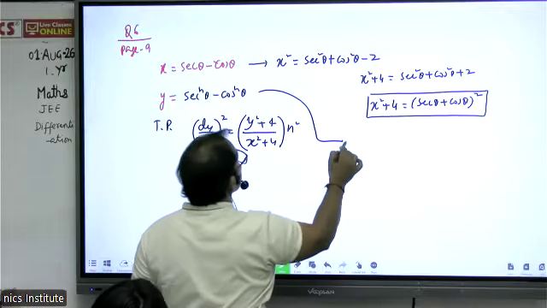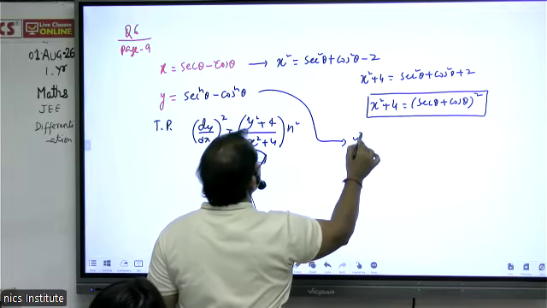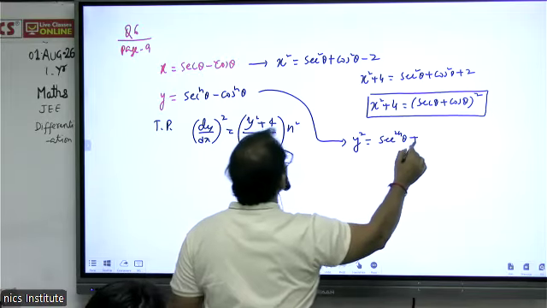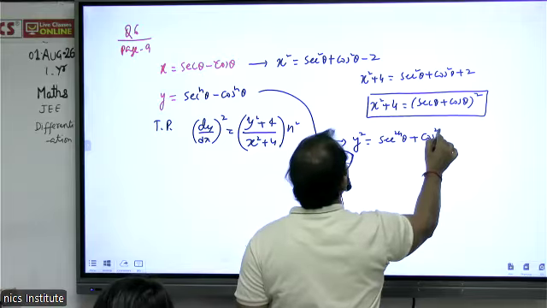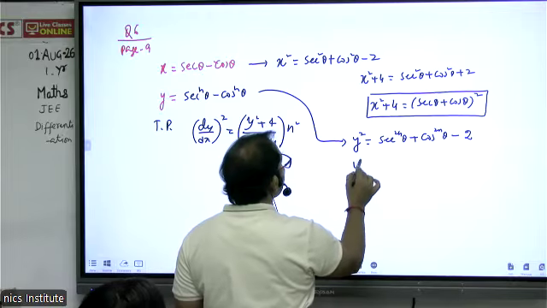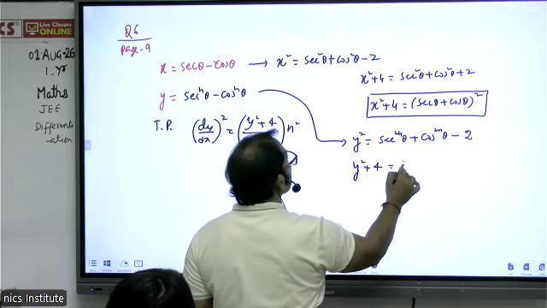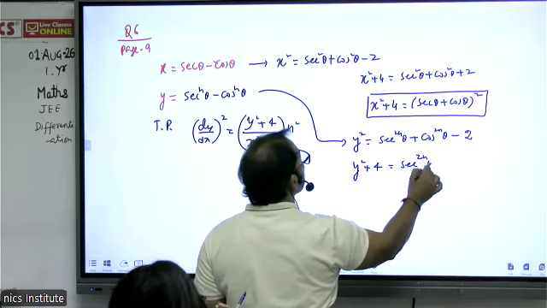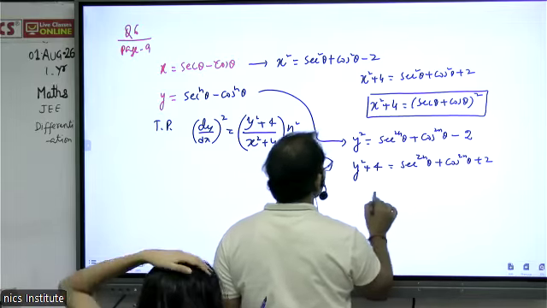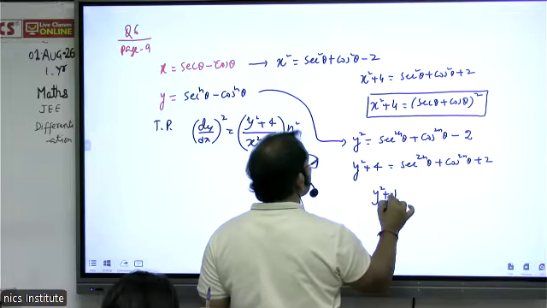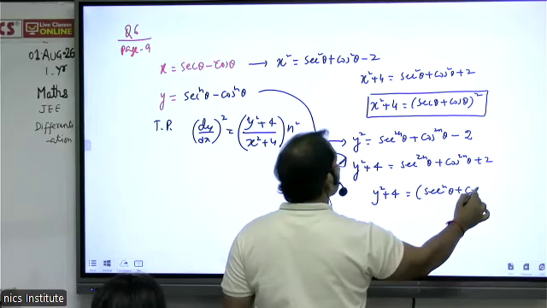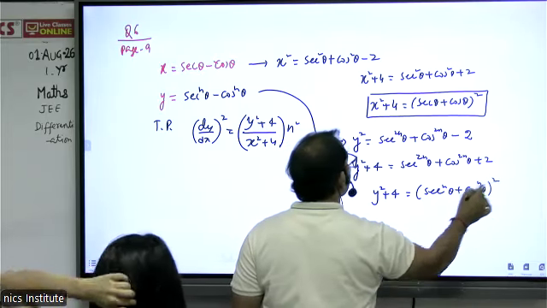Squaring both the sides, it will be y square is equal to sec to the power 2n theta cos to the power 2n theta minus 2. Adding 4 both the sides, sec to the power 2n theta cos to the power 2n theta plus 2, which is whole square now, which is sec to the power n theta plus cos to the power n theta whole square.